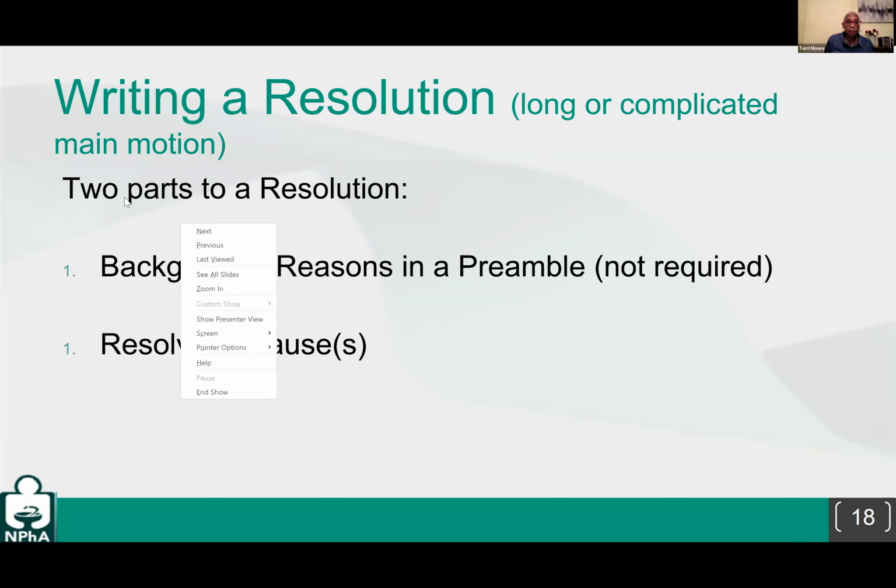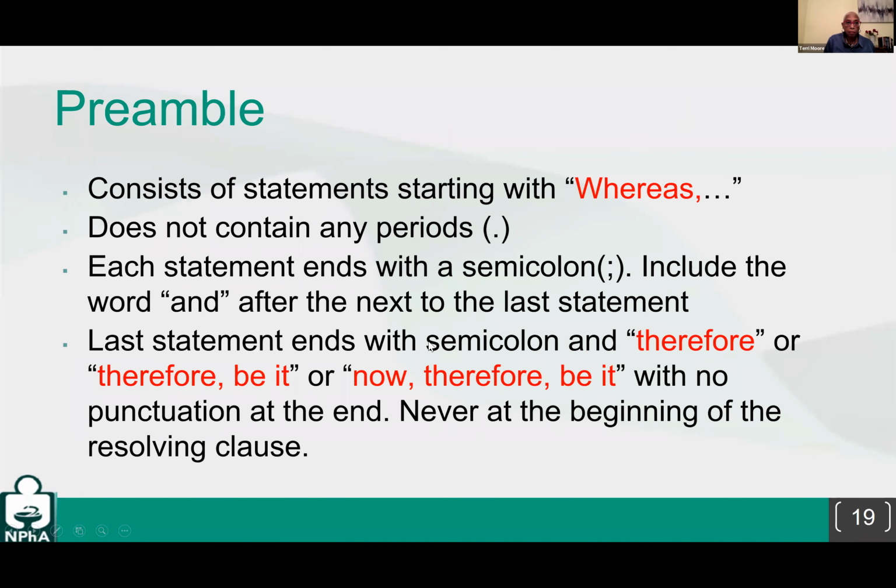So next slide, please. The first part is the preamble, and there is a correct way of writing a preamble. The preamble is that background piece that typically starts with statements that say whereas.